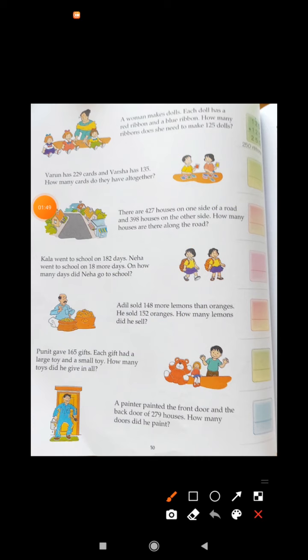Now next question. There are 427 houses on one side of a road and 398 houses on the other side. One side 427 houses and the other side 398. Now how many houses are there along the road? रोड के दोनों साइड आपको हाउसेस काउंट करने हैं. सो फर्स्ट साइड, वन साइड ऑफ द रोड, 427 houses on one side plus the other side houses.